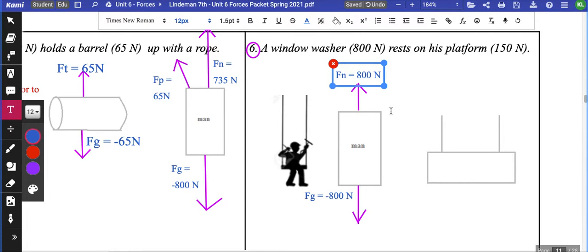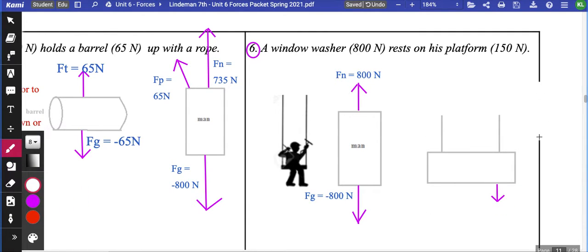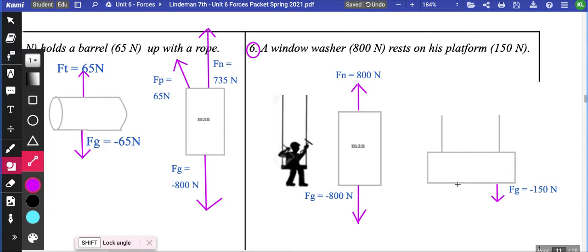Okay, then over here with the platform. So when we have stacked objects, we always start with the gravity force because that's the easy one. Gravity force is equal to negative 150 newtons. Again, I'm just going to give myself some more space here. And then we also have the push force.